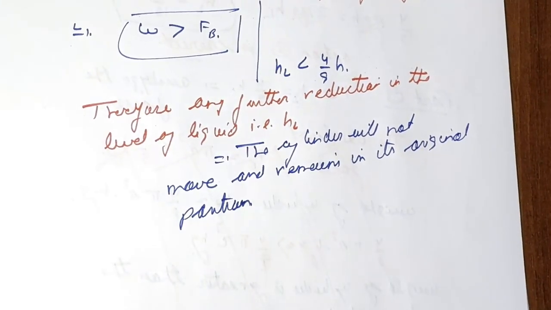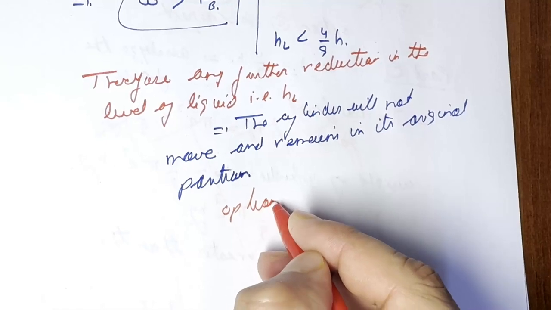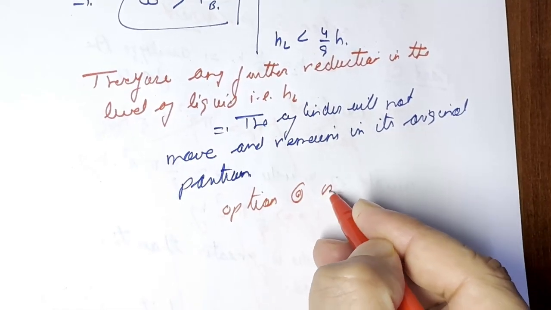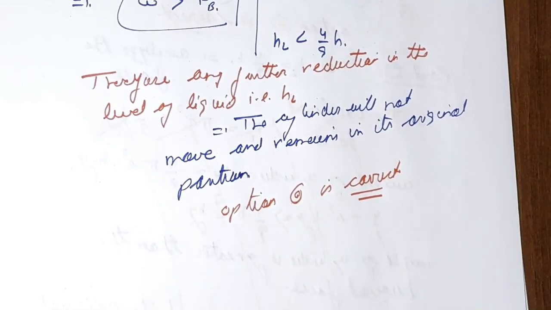So we can say option number A is the correct one. Option A is correct.